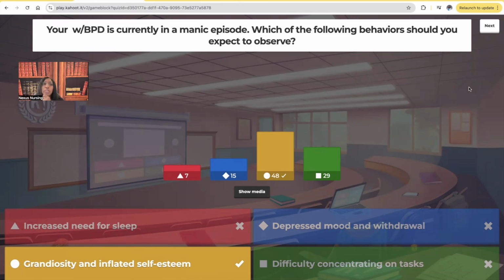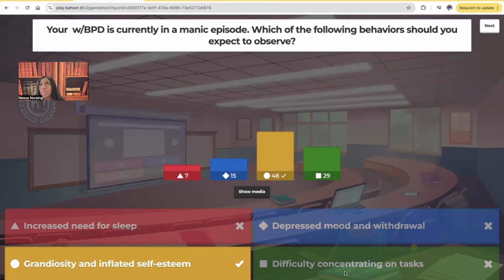So let's go back to what the question says. It tells us that the patient has bipolar disorder and they are in the manic phase. Which behavior would we expect to observe? Well, here's the thing. You see the 29 of you guys that chose difficulty concentrating on tasks. And again, because they're all over the place, they're not going to want to focus on one single thing. Yeah, absolutely. We may see this in the manic phase, but guess what?